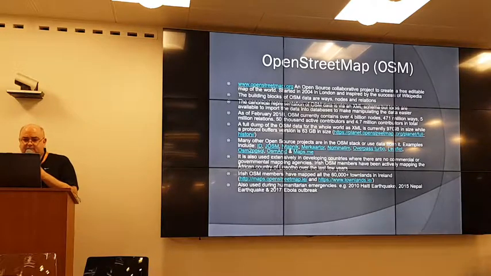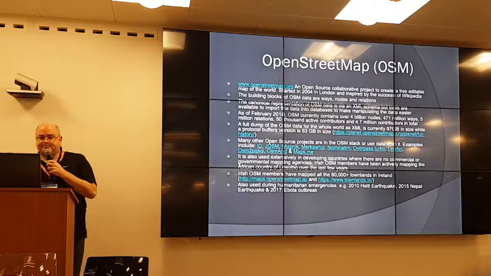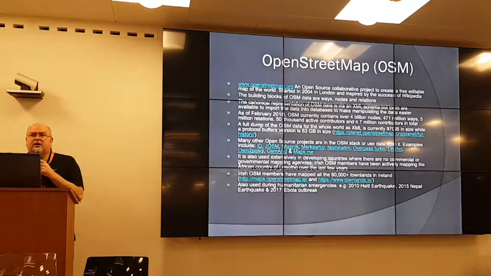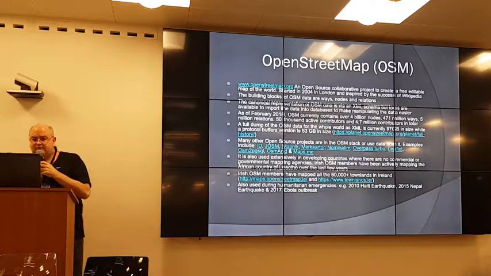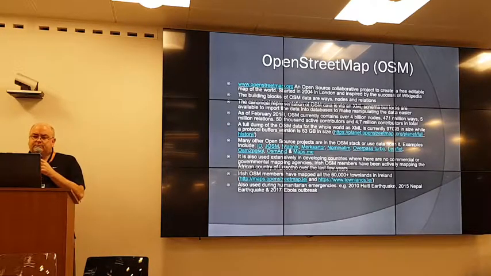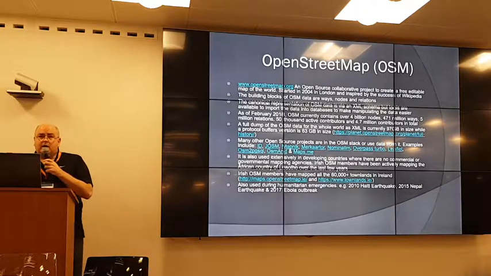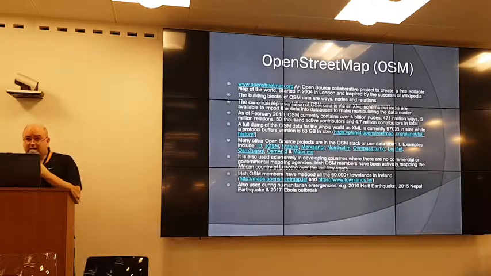A little bit about the background of OpenStreetMap. Maybe some of you have heard of it, maybe some of you haven't, but it's an open source project. It's based on the model and the success of Wikipedia, and the idea is to produce an unencumbered, license-free map of the world to whatever level of detail you want yourself.